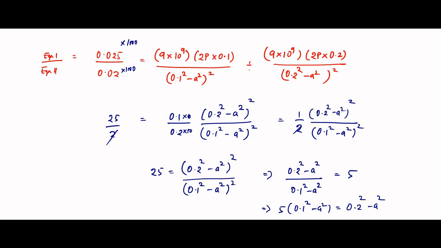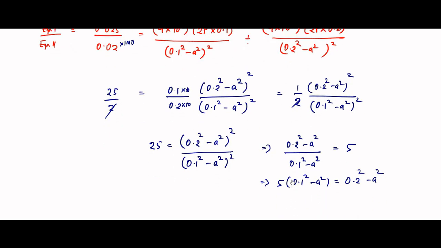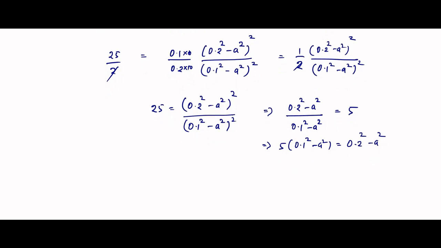That implies 5 into 0.01 minus a square is equal to 0.04 minus a square. That implies 0.05 minus 5a square is equal to 0.04 minus a square.